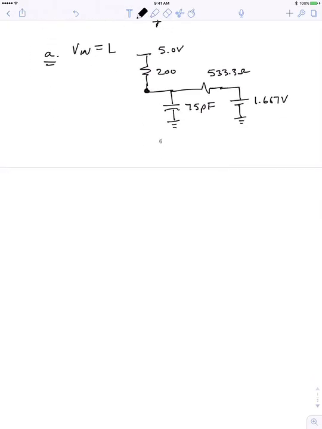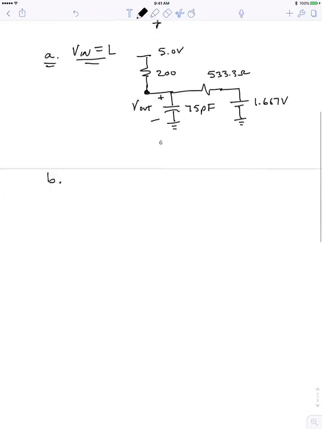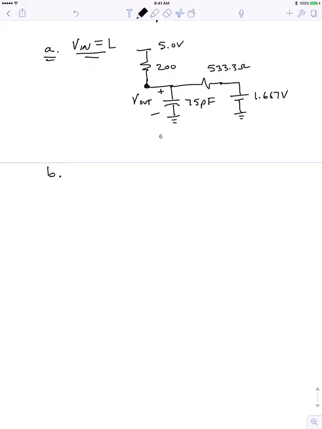Okay, in part B, we're assuming that this low has been applied and we leave it for a long time, and we're wondering what the output voltage goes to. So remember, what you do is you do an open circuit for the capacitor, and so what that leaves us with is essentially a calculation for V out.